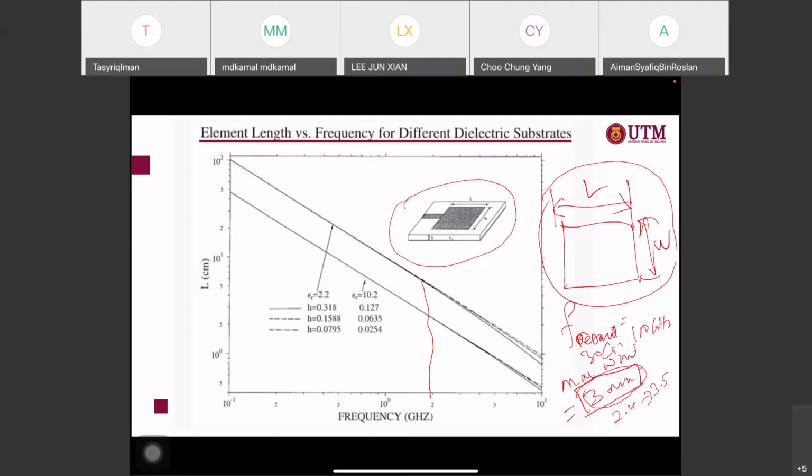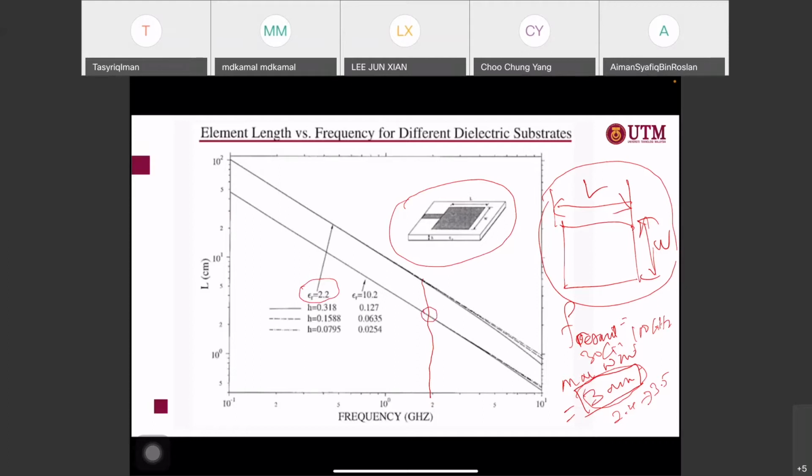If you talk about the substrate here, if you increase the value of the substrate, as usual, you can see that the length will be reduced, right?